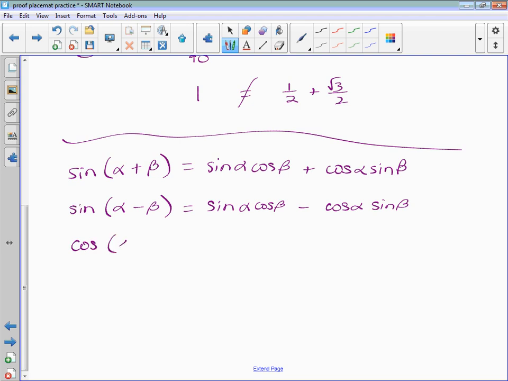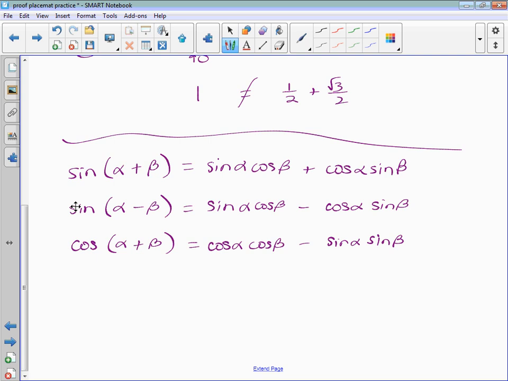So we're going to do cosine of alpha plus beta. Do you think it's going to look exactly like the sine? Probably not. Cosine alpha, cosine beta, minus sine alpha, sine beta. Okay. Cosine always has to be difficult.